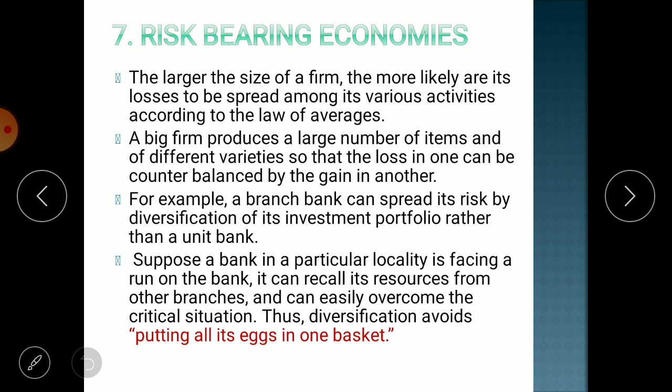A big firm produces a large number of items of different varieties so that the loss in one can be counterbalanced by the gain in another. As I have told you, if one of the products fails in the market, then the profit of the other products will cover up the loss of that product. Take the example of Parle-G. Parle-G is not only producing Parle-G, they have other varieties of biscuits as well.